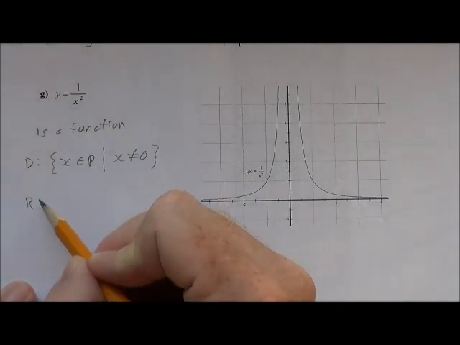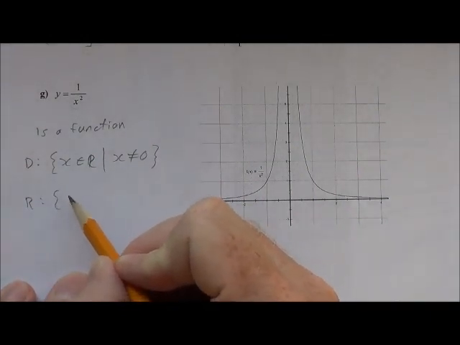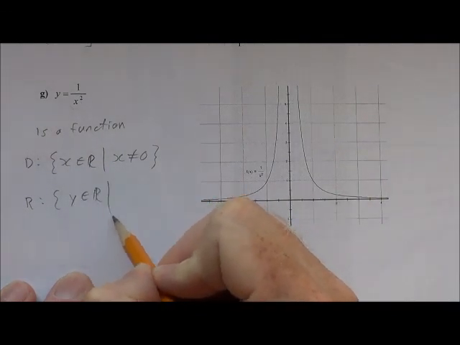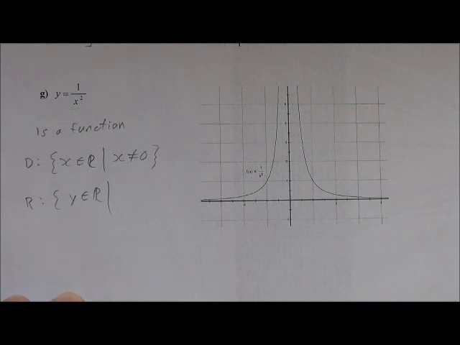And the range, y is an element of all real numbers such that, and we see here that in quadrants 1 and 2 the graph from left to right will go up all the way to infinity, and then on the other side of the y-axis where x equals 0, the y comes down from positive infinity down towards 0.